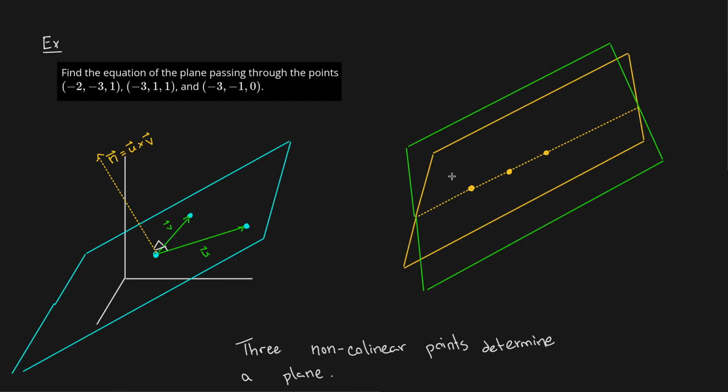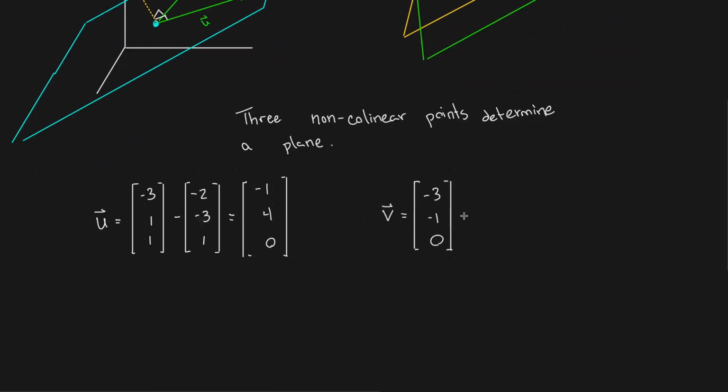Let me double check. Yep. Minus (-2, -3, 1). Subtracting these two gives me a different vector parallel to the plane. I get (-1, 2, -1).